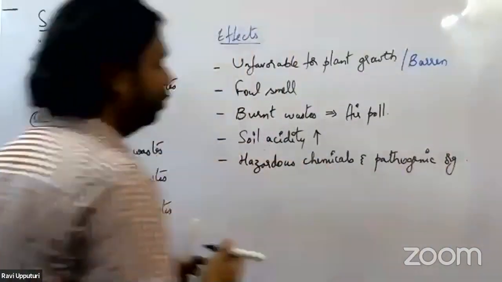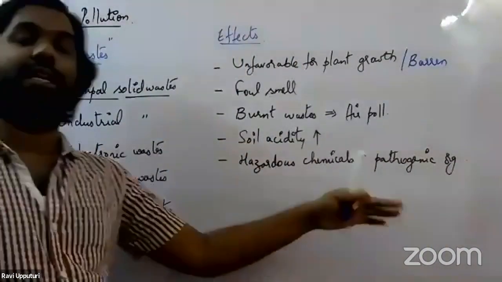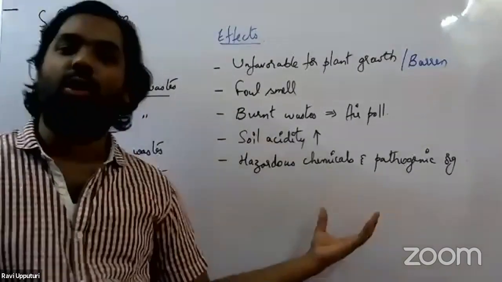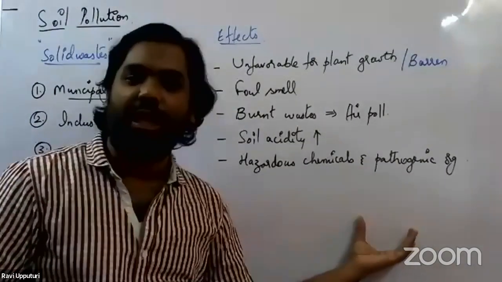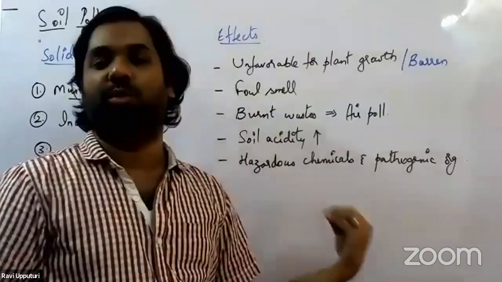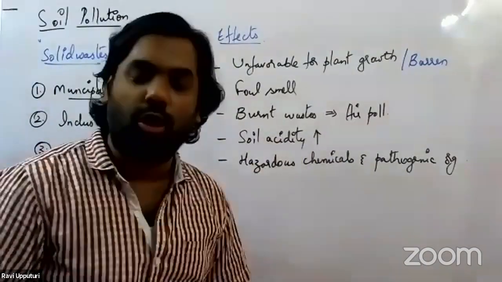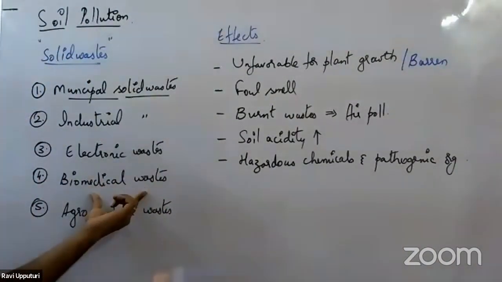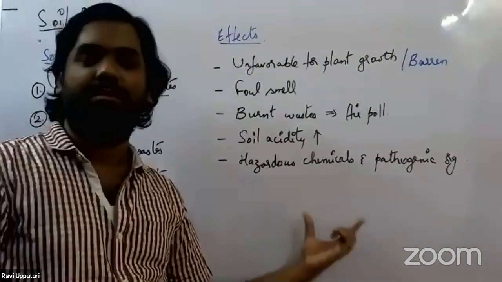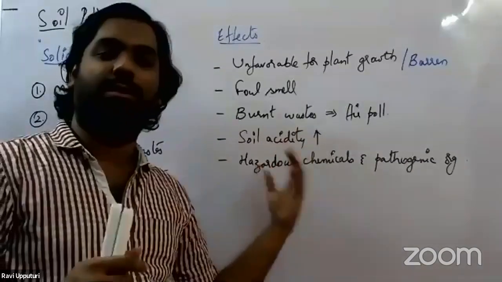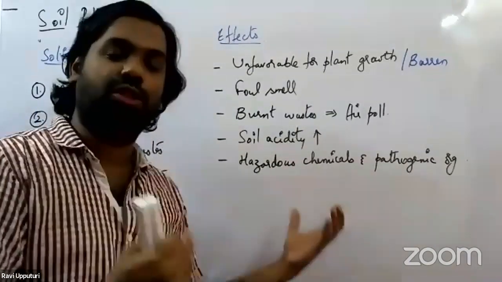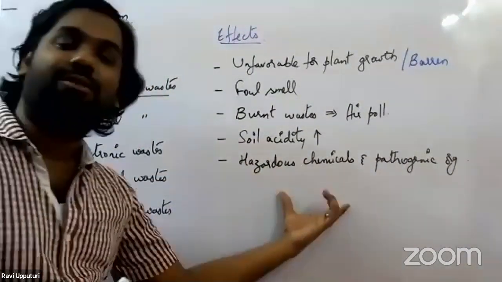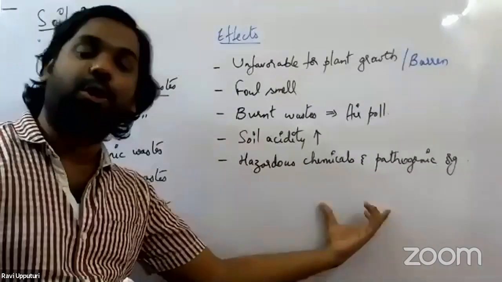Now, when these pathogenic organisms and hazardous chemicals get into the water, again, it would start causing severe disease conditions in animals as well as humans, whenever we come across it, right? So this is one more effect caused by biomedical waste. Scientists say that one of the most severe effects caused to humans as well as animals is the disposal of this biomedical waste.